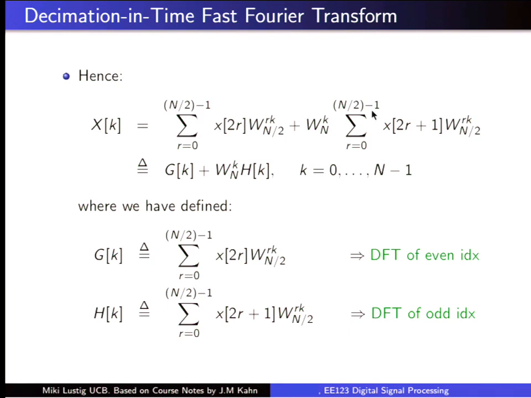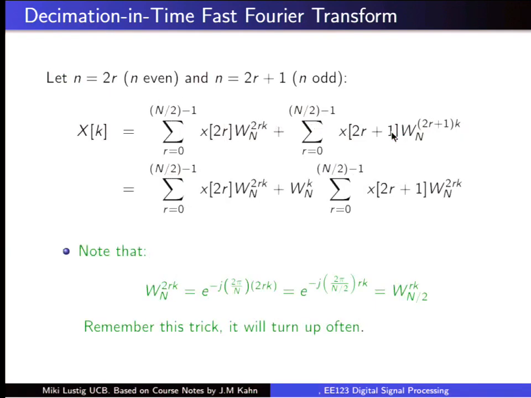What about the other guy? Well, the other guy also looks like a DFT, and the difference is that I jumped one slide back. When we went from here to here, I took this 1 times k, W sub n to the power of k, and I moved it outside of the sum because it doesn't have an r in it.